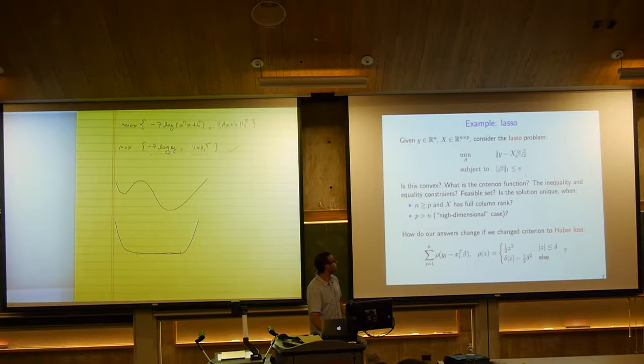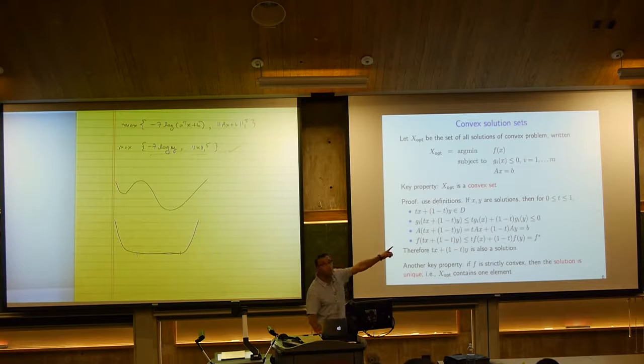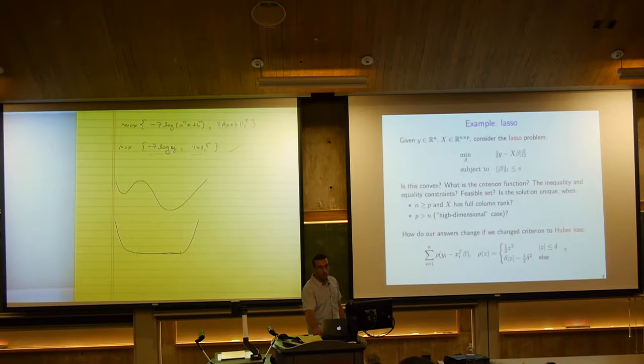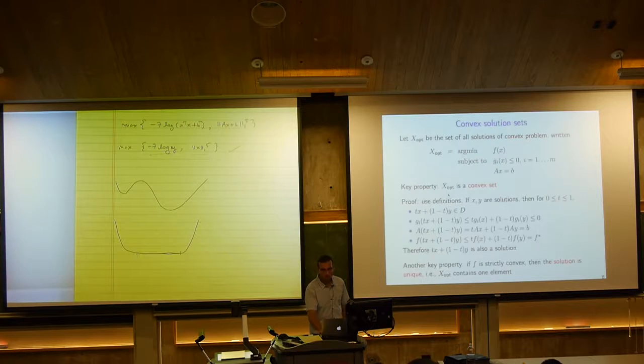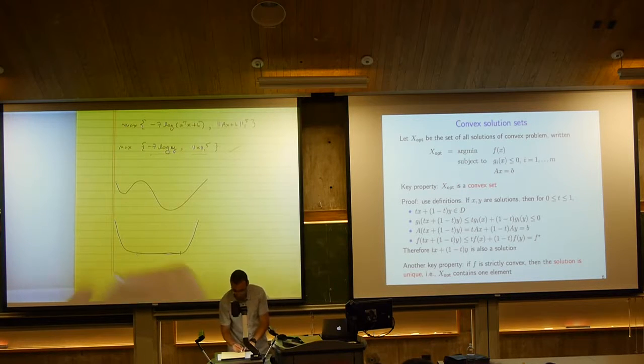Okay, so that's good. The criterion function is the least squares loss. The inequality constraint function is just the L1 norm. I only have one of them. In this notation, I just have one inequality constraint function. Sorry, just to be clear, I have one inequality constraint function, and it's actually the L1 norm minus s.